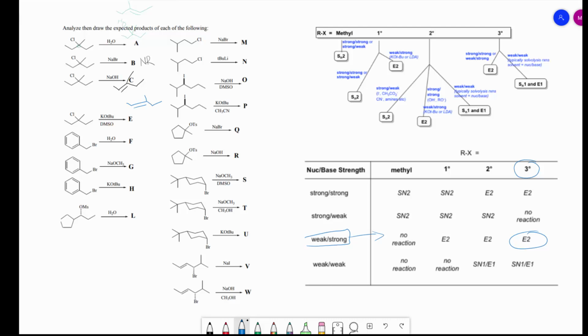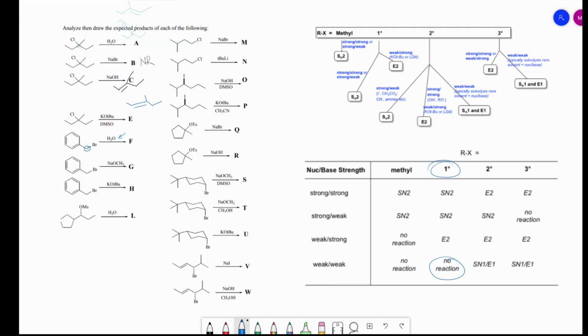For F, here we have a benzylic bromide. Now, fundamentally, that is primary. And we have this weak nucleophile, weak base. So we're primary, weak, that would be no reaction. But because it's benzylic, we have some extra stability. So we actually do form a substitution reaction here.